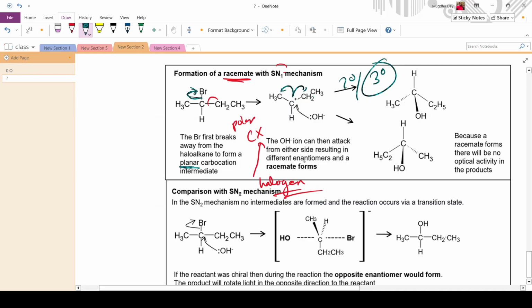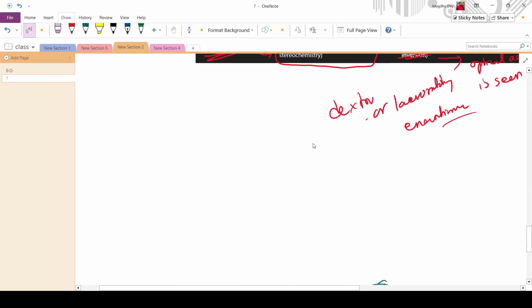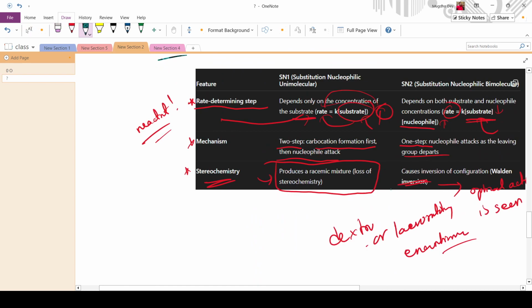Exactly. So since the carbon is attached to two others, it is secondary. Another difference is priority. You should remember this: the priority of carbocations.